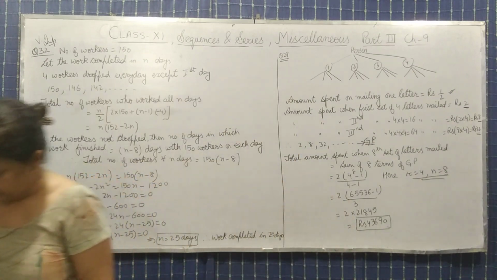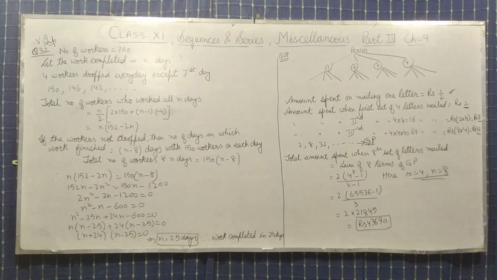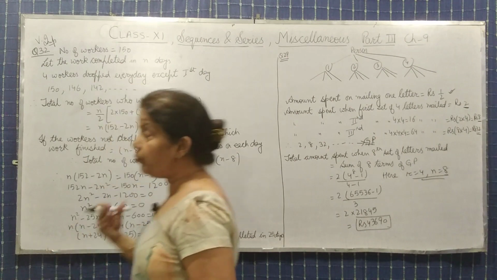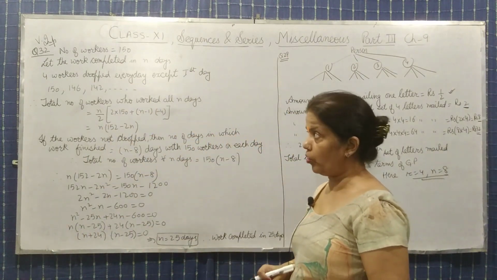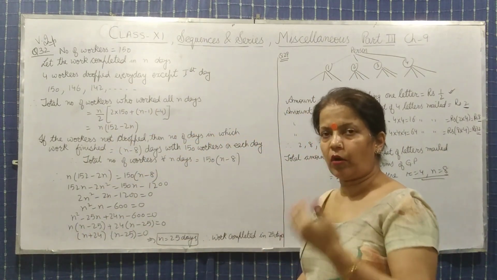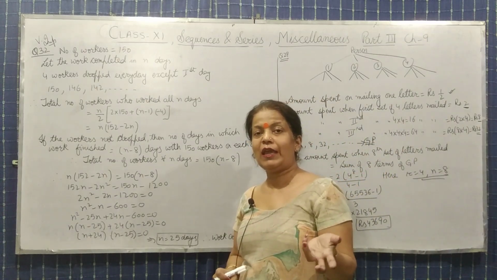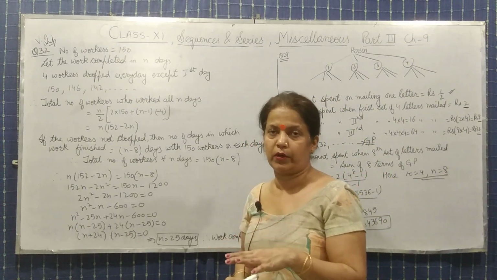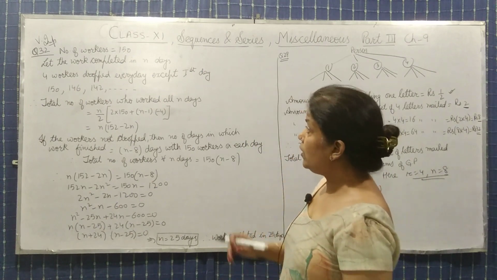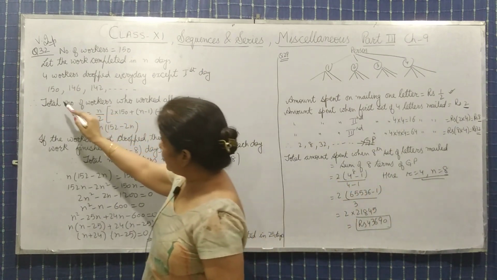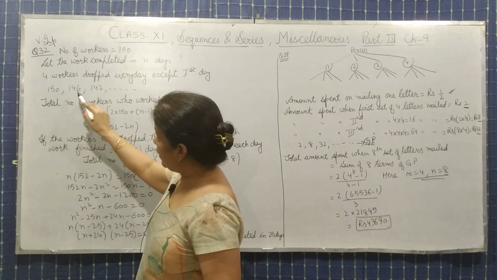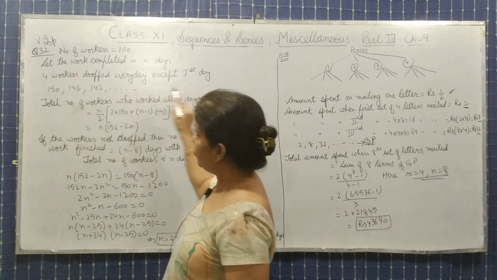Now the question is, dropped on second day, it took 8 more days to complete the job. अगर ये 4 वर्कर्स ड्रॉप करते जा रहे हैं तो जो एक्चुअल दिन है उससे 8 days मोर लग रहे हैं आफ्टर ड्रॉपिंग इट. So this series, if you will observe, 150, then 146, 142, and so on.